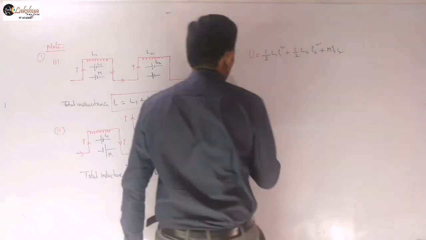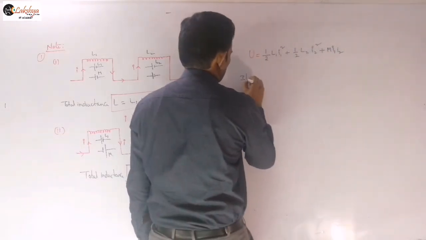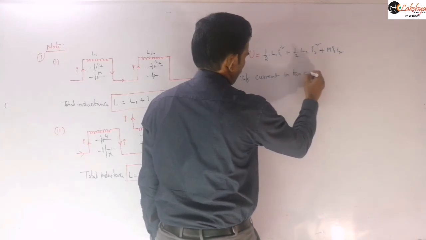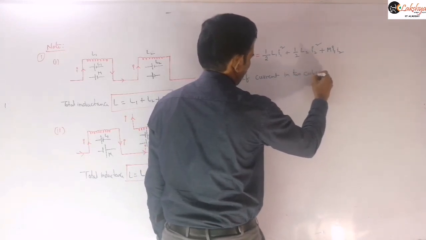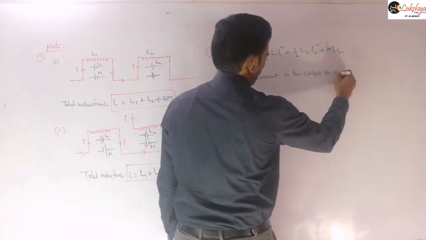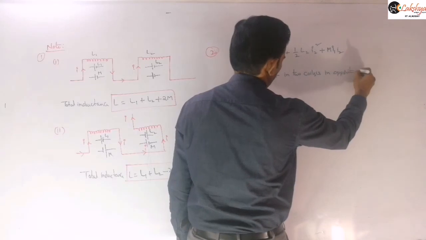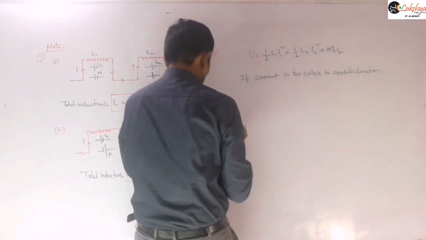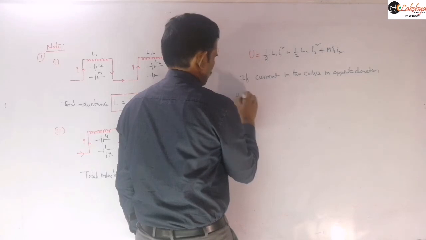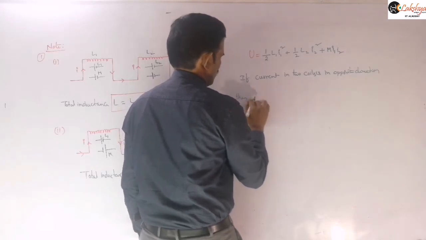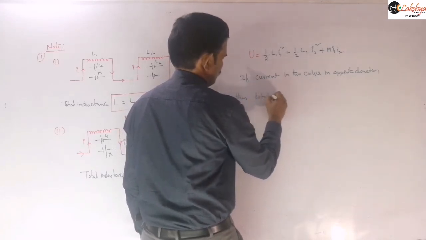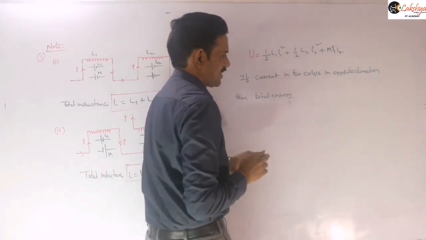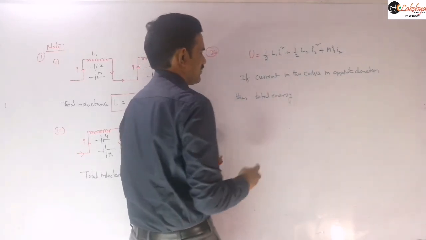And now similarly, if current in the two coils is in opposite direction, then the total energy of the system is, this was when current is in the same direction, now we are writing for the opposite direction.